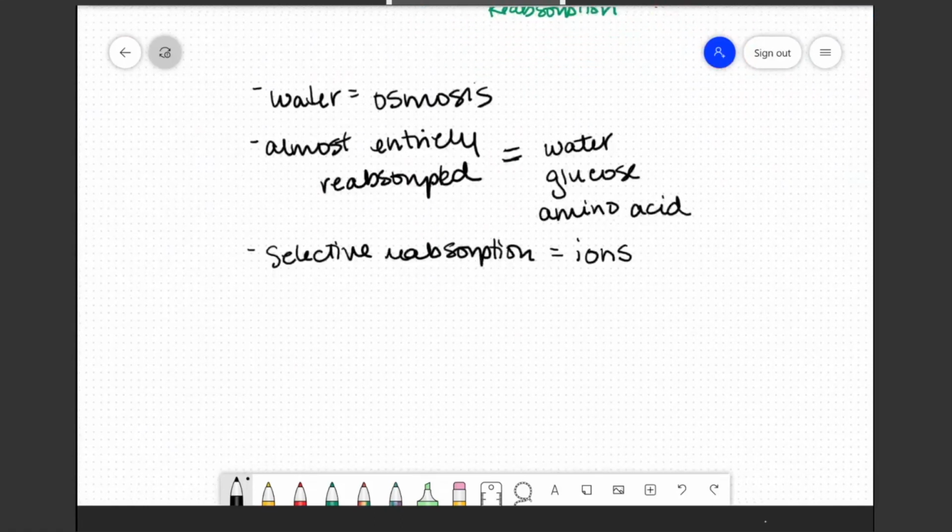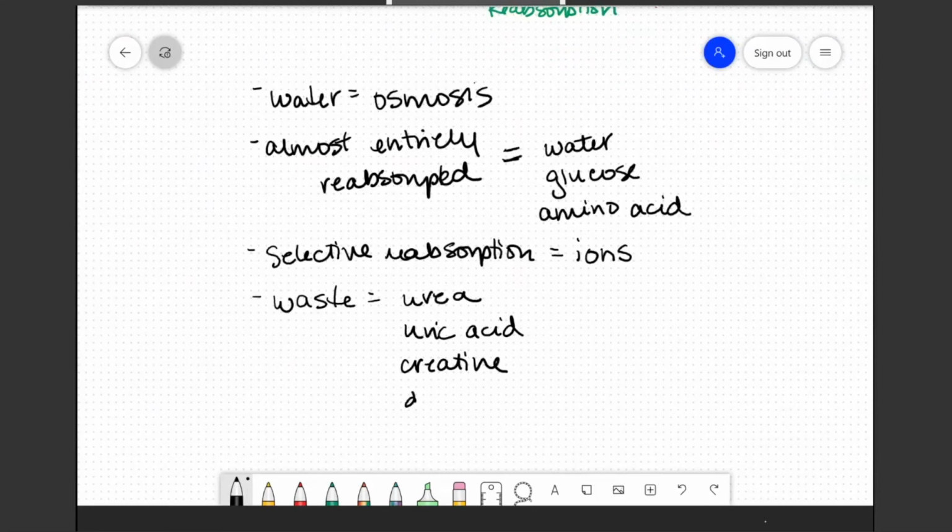And then there are some things that you will always want to treat as waste and get rid of. That will be urea, which is a nitrogen base, uric acid, which is also a nitrogen base, creatinine, which is a byproduct of cellular respiration and oxygen consumption, and then any kind of drug metabolites.